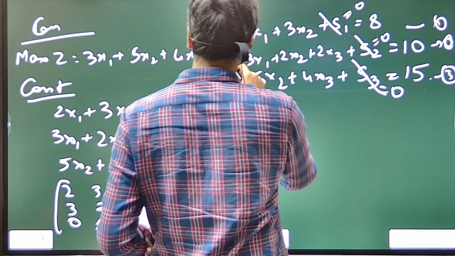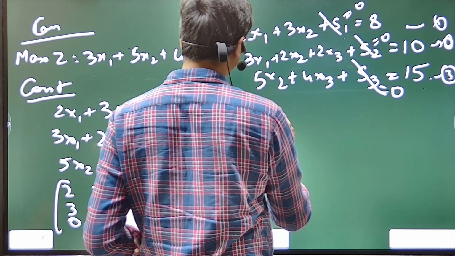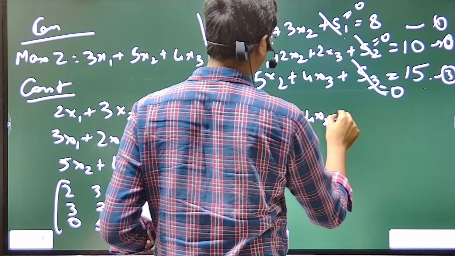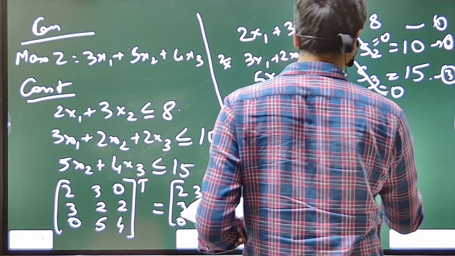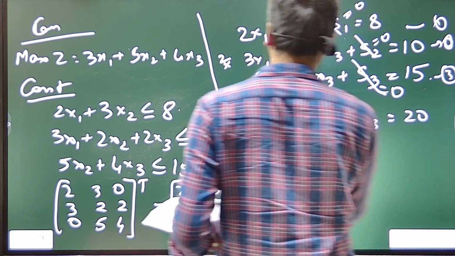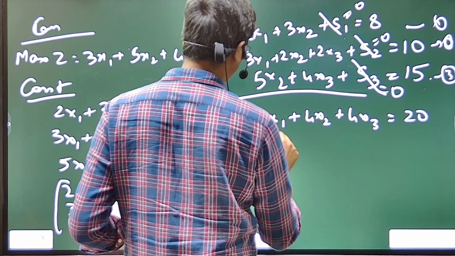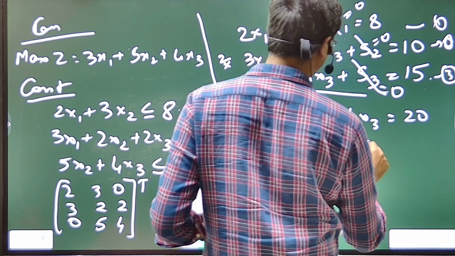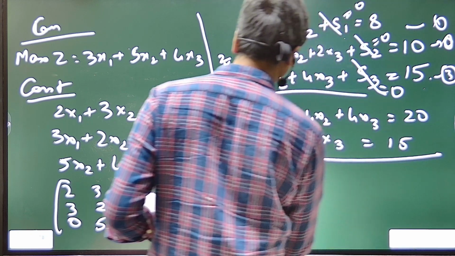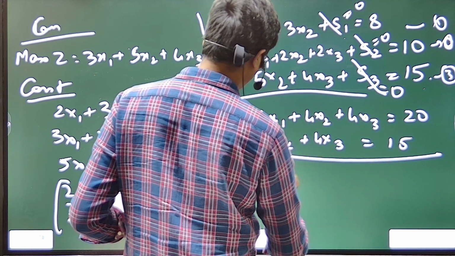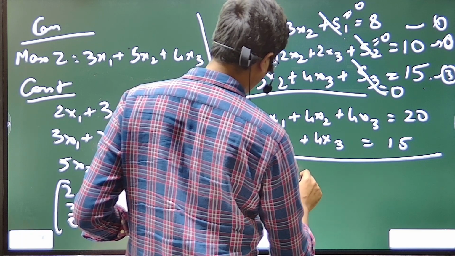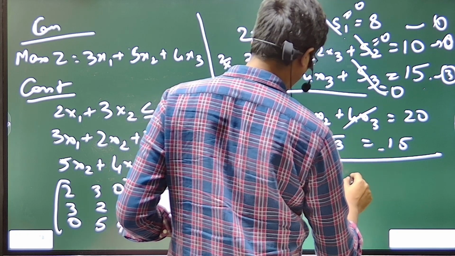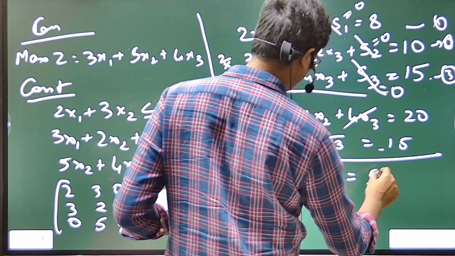Let us multiply this 2 times. So you have 6x1 plus 4x2 plus 4x3 equal to 20, right? And you have 5x2 plus 4x3 equal to 15. So just subtract. You have 6x1 minus x2 is equal to 5. Correct?